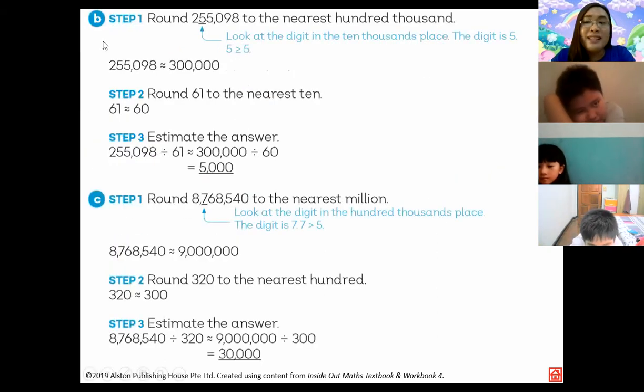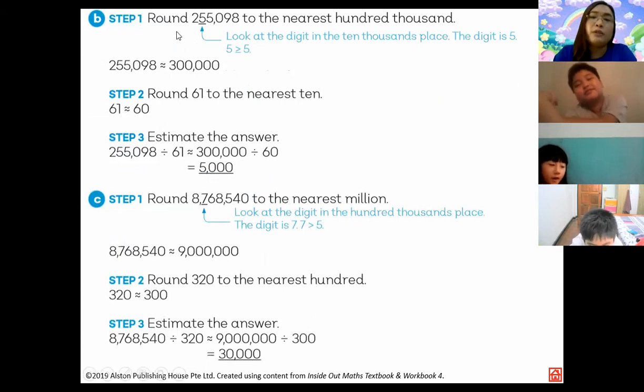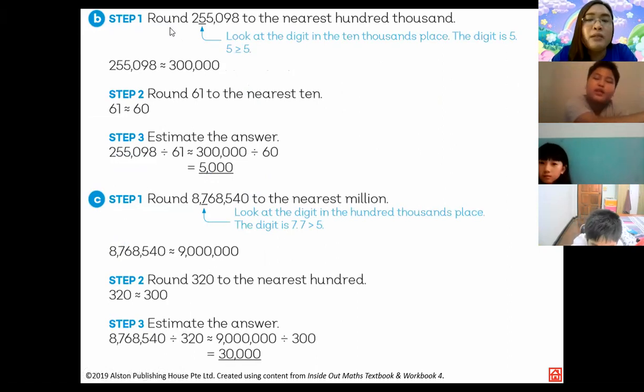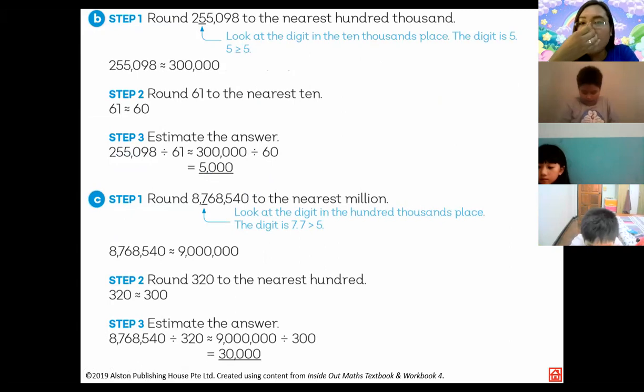Okay, for letter B, it's the same thing, but we have a bigger number. For step number 1, round 255,098 to the nearest 100,000. So again, look at the digit in the 10,000's place. The digit is number 5.